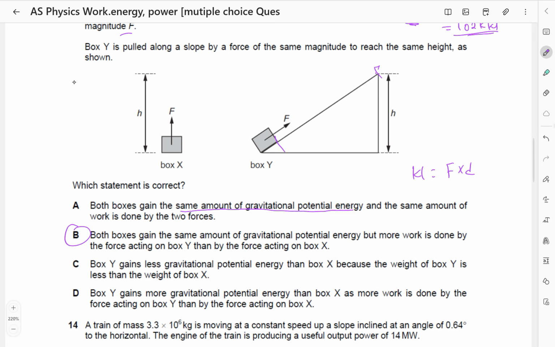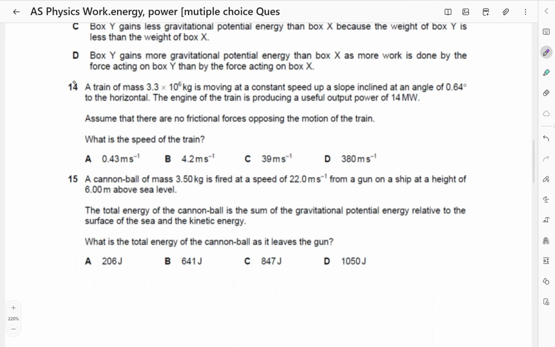Yet if we consider box X, the distance is the vertical height. So both gain the same gravitational potential energy, but more work is done by the force acting on box Y because of the distance. So the answer is B.